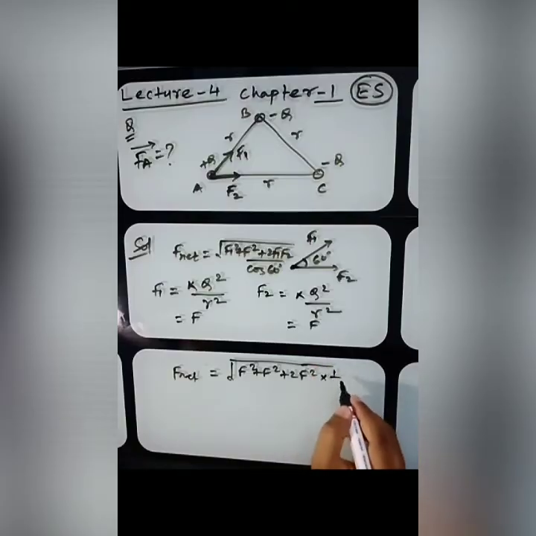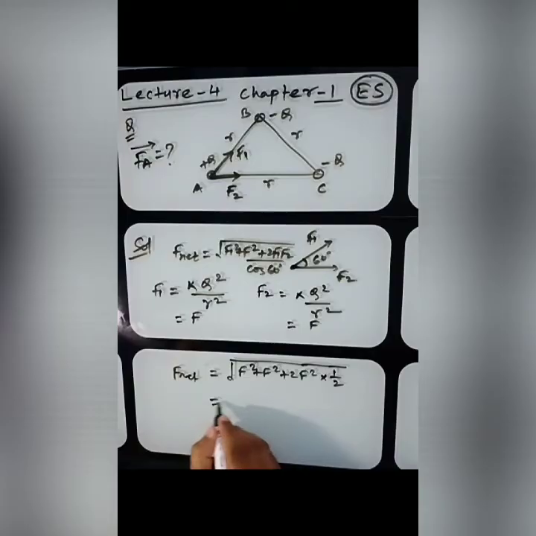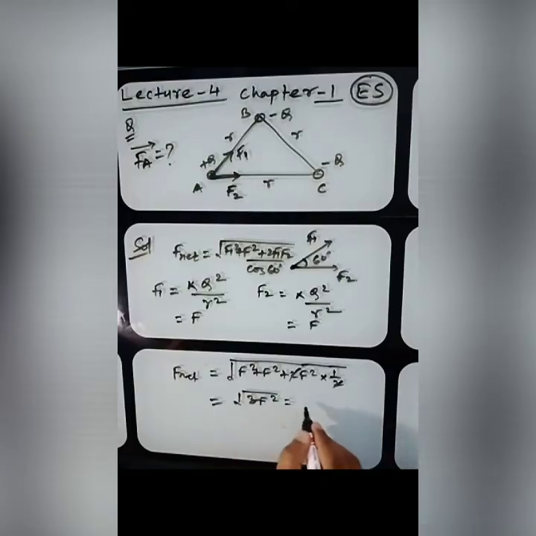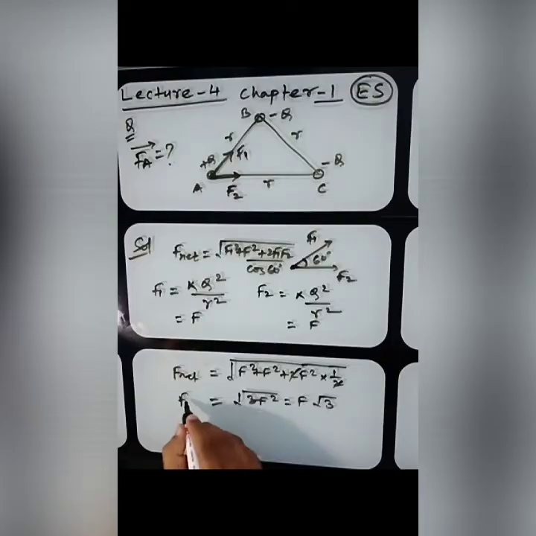It is how much? Half. So 3F square, that is F root 3. If you remember, two equal forces inclined at 60 degrees give root 3 times the magnitude of either force. Again you got the same result in Newton.